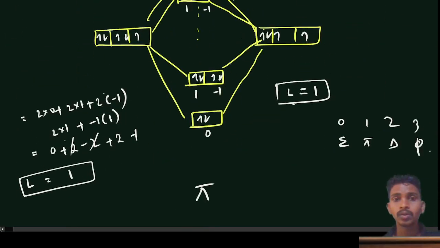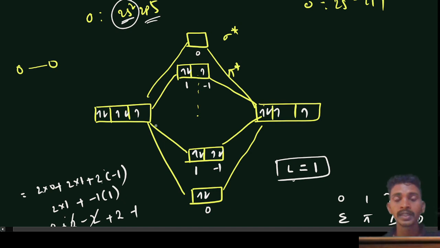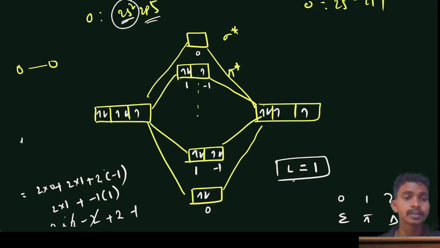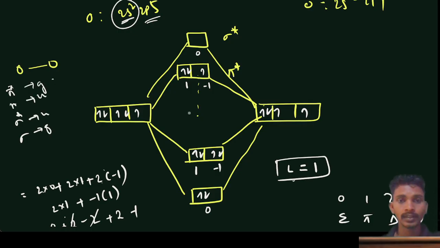Okay, so now we will look on whether gerade or ungerade. So this is pi star, so you know that sigma star, pi star, this is g, this is u, g. Okay, so this electron in pi star is g. So g is there, so here g, 1 electron 1 g, and for another 1 g. Okay, this is again g, so g into g comes to value g, and this is again g, then all will be g.